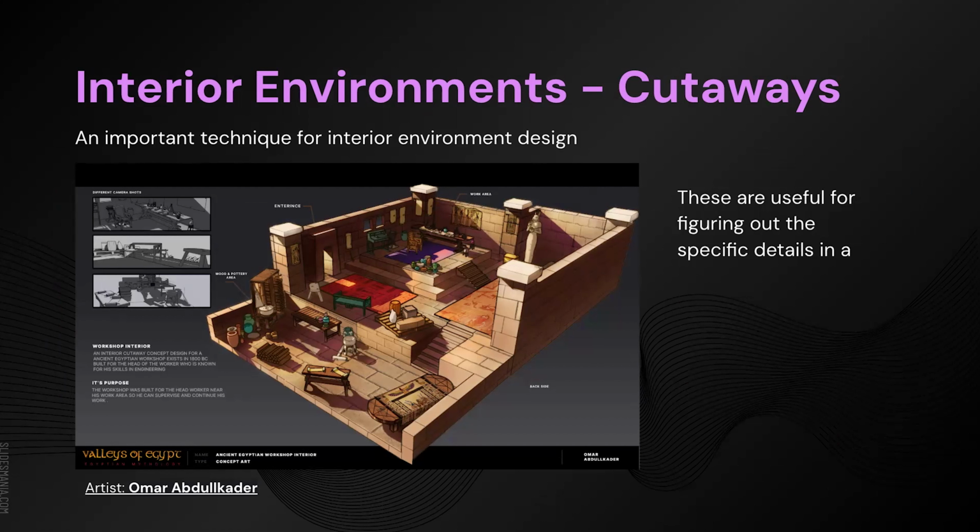Interior environment cutaways. These are very common when figuring out video game art. To my knowledge, in my research, as you can see in the slide, these are useful for figuring out the specific details. Basically what you need to know is that it's important for interior environment design.